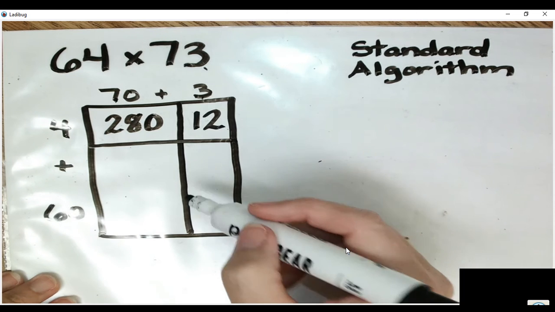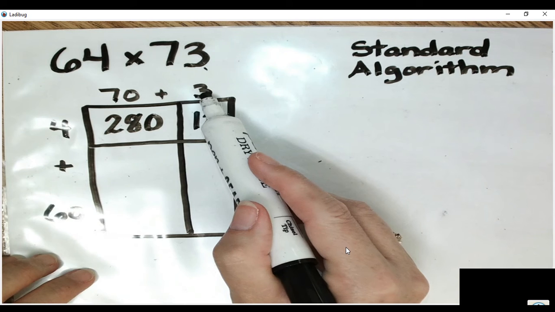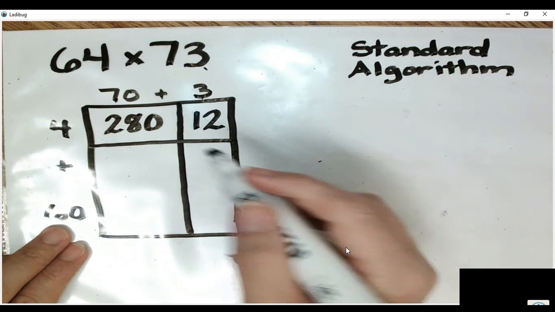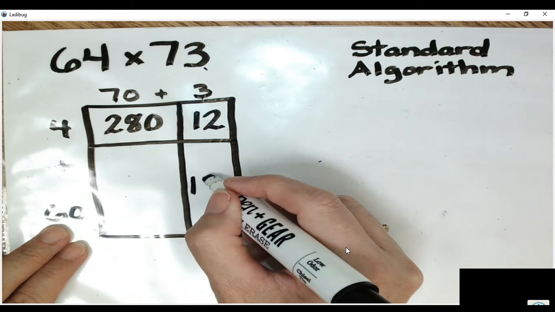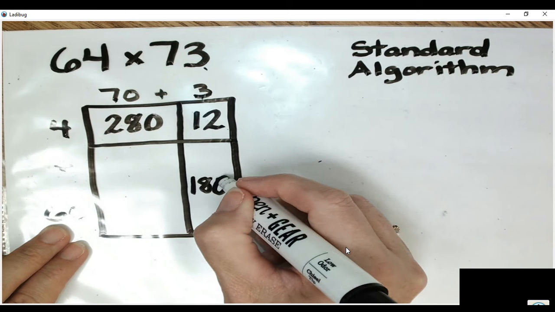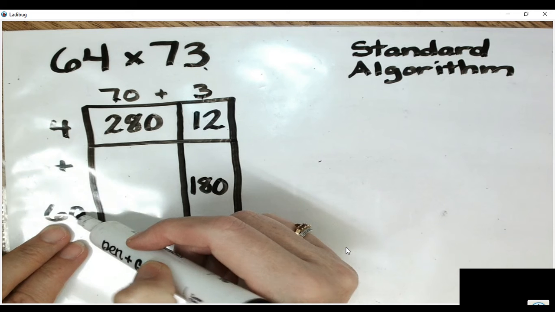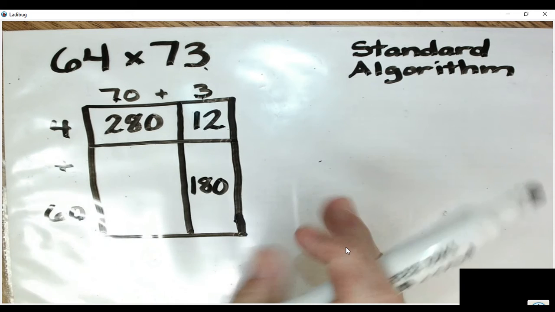And then let's move on down to 3 times 60, or 60 times 3, which is going to give us 180. And then 70 times 60, or 60 times 70.